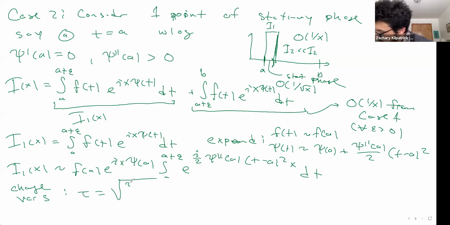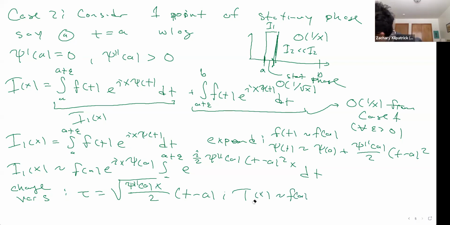Tau equals phi prime prime of a x over 2, times t minus a. Okay. So just to get most of the gunk out of the exponential argument. So I get I1 of x. Well, I guess I already said that this term is asymptotically smaller. So we can just say this is I of x now approximated by that.